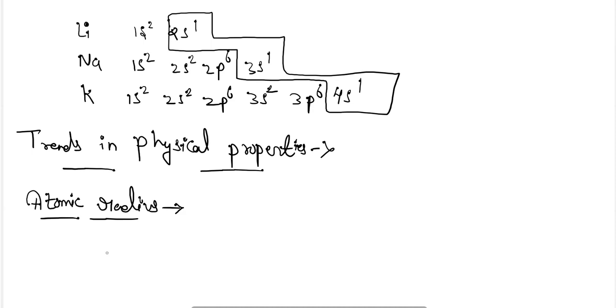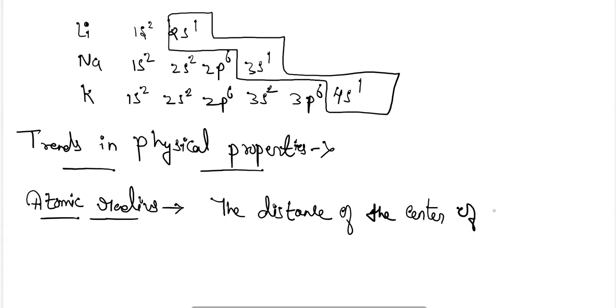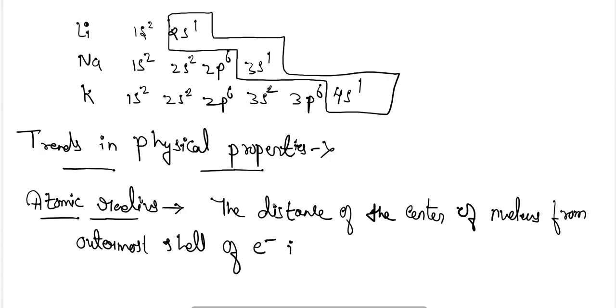So what is the atomic radius? The distance of the center of the nucleus from the outermost shell of electrons is called atomic radius.